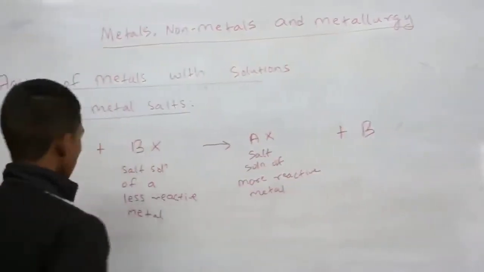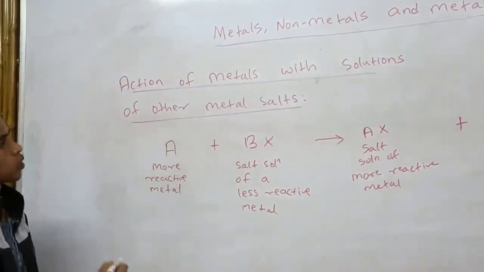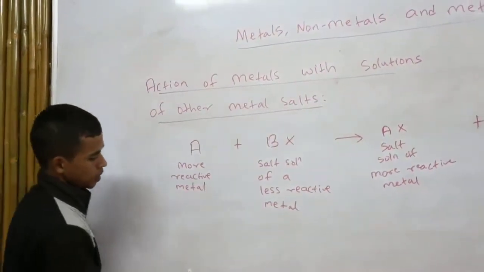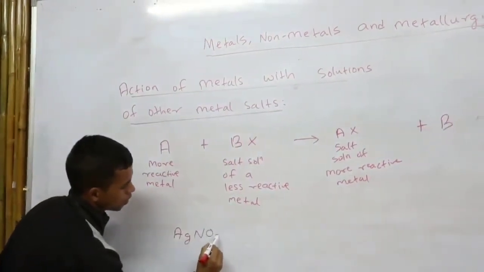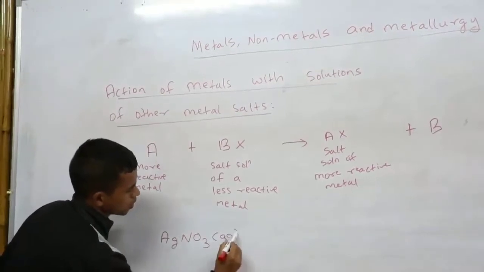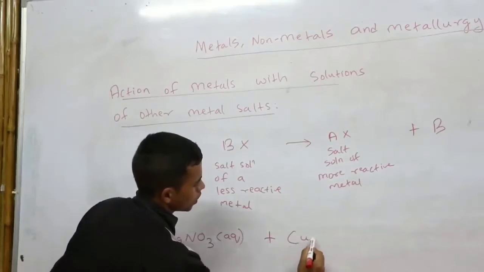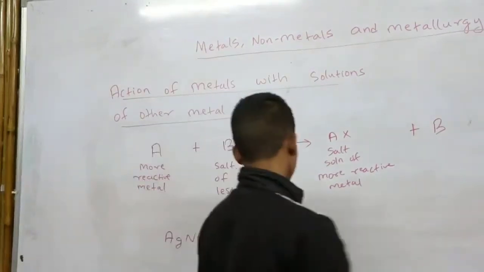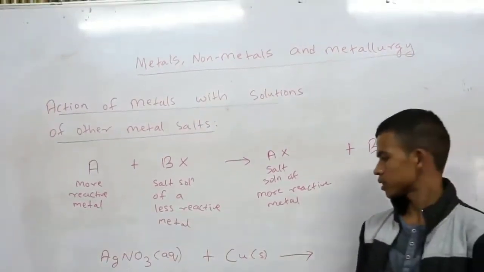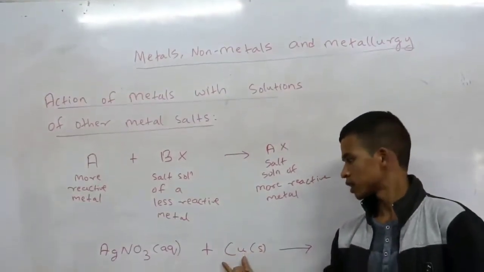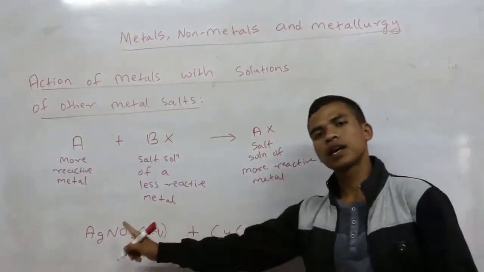So let us have some examples showing this action of metals with solutions of other metal salts. When silver nitrate in the aqueous state reacts with copper, which is in the solid state, then from the reactivity series you can see that copper is above silver, which means that copper is more reactive than silver.